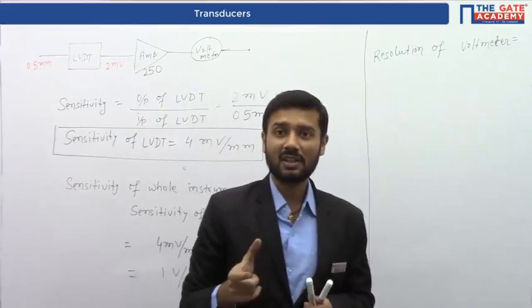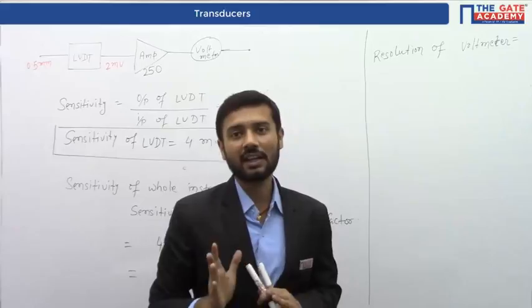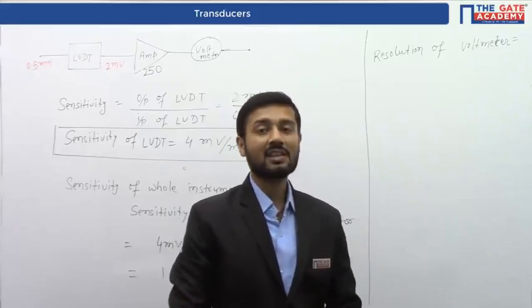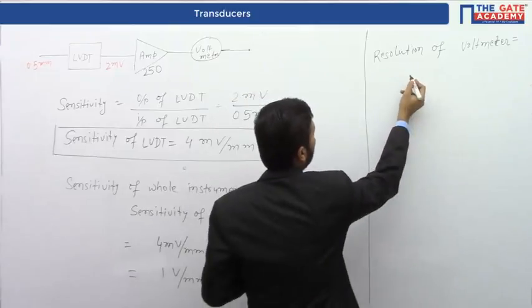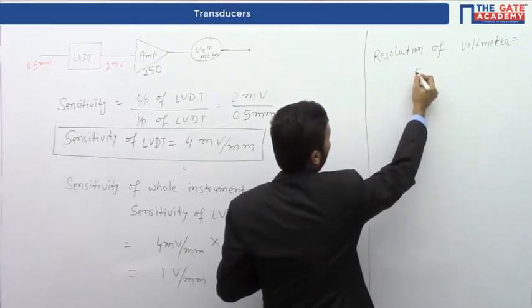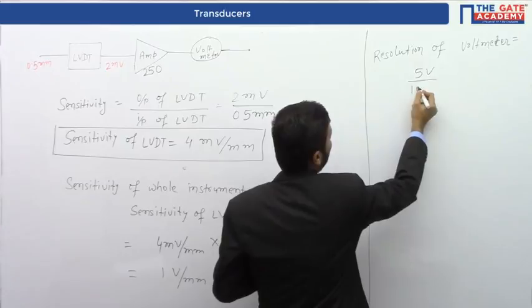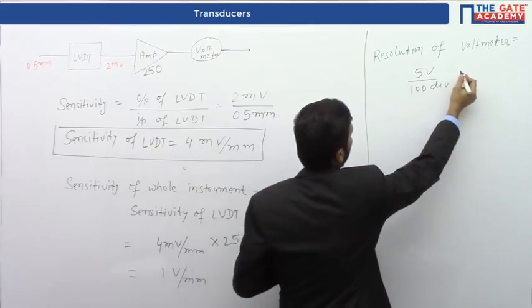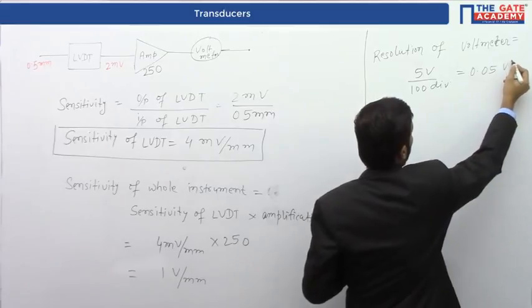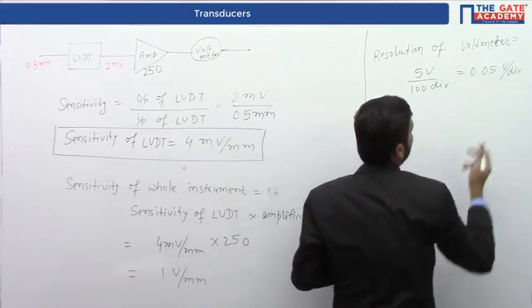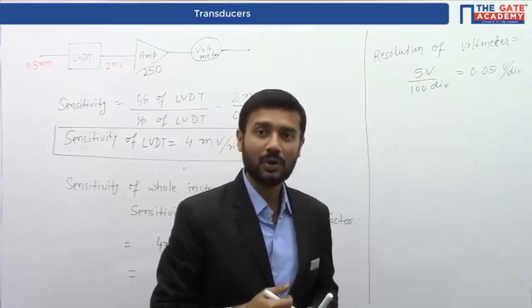This voltmeter measures a maximum voltage of 5 volt and it has 100 divisions. So 5 volt by 100 divisions equals 0.05 volt per division.